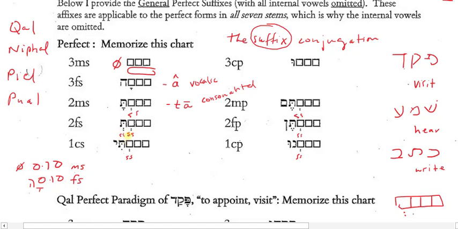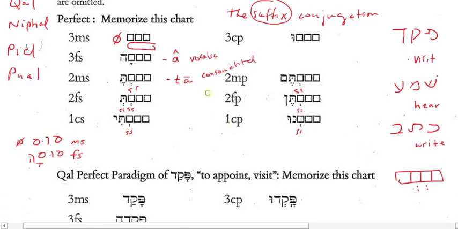But you may be going, well, Dr. Marshall, I remember that there were times when you said that if I have two shavas over here, reading from right to left, the first one is always what? Silent, and the second one is always vocal, right? And I was true to my word, and I still am.